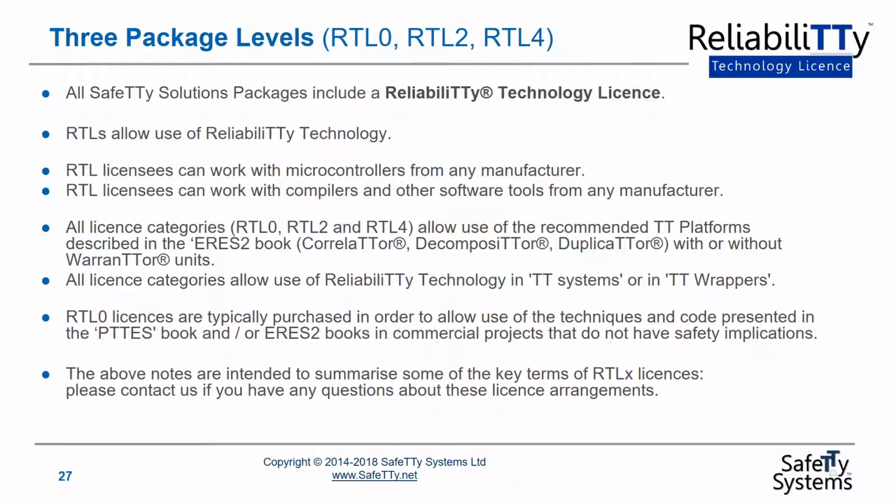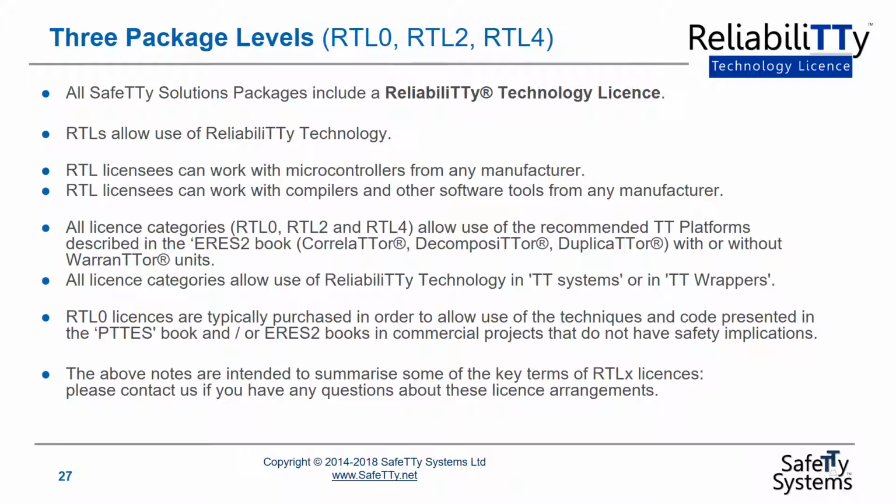All of the license categories, RTL0, RTL2 and RTL4, allow use of the recommended TT platforms that are described in the ERES2 book. That is, correlator platforms, decompositor platforms and duplicator platforms, with or without warranty units. All license categories allow use of reliability technology in TT systems or in TT wrapper designs.